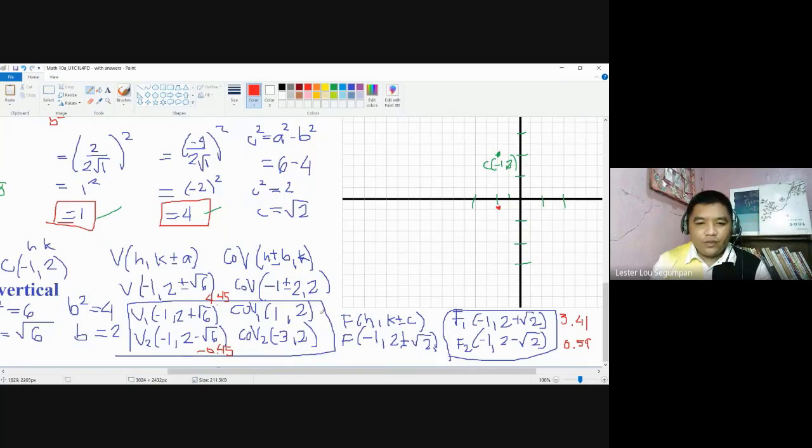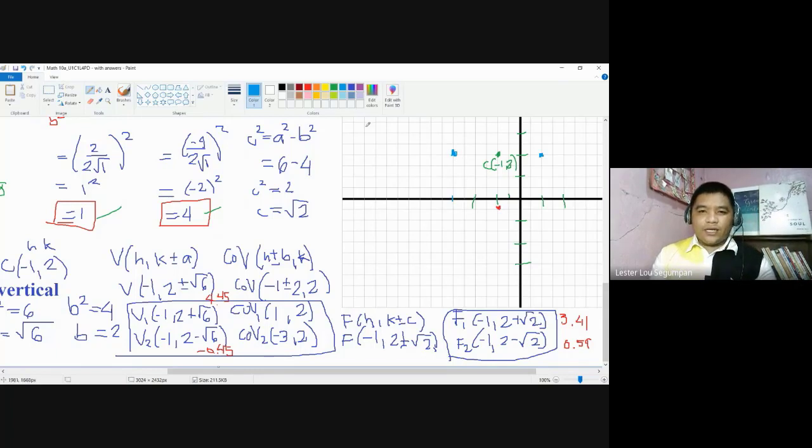Your co-vertices are at 1 and 2. Let me use the color blue. This one here is 1, 2, and on the other side, you will have -3 somewhere here, and 2.